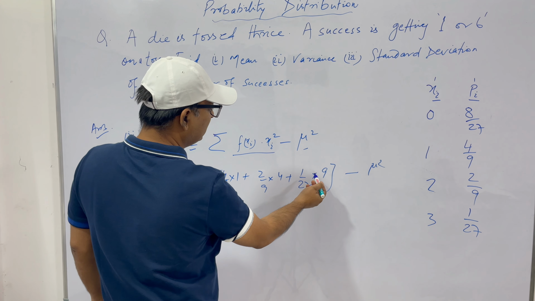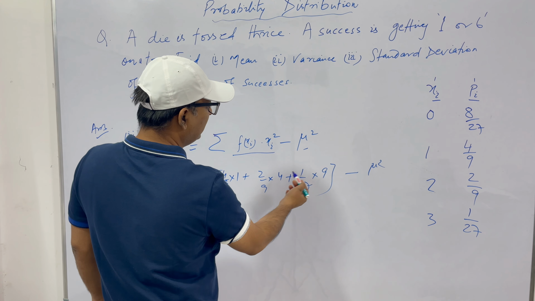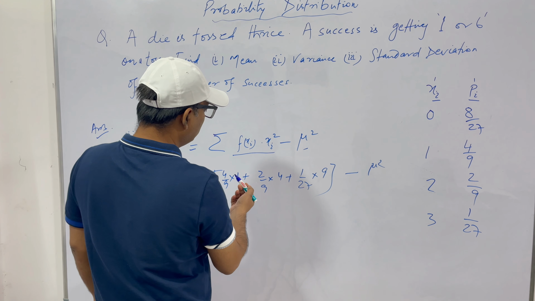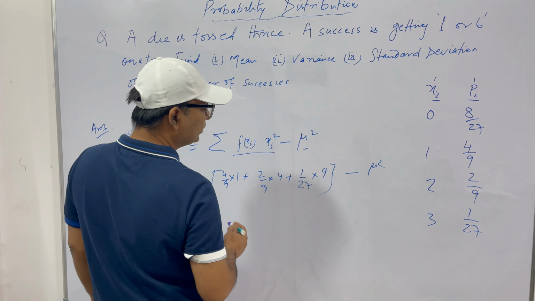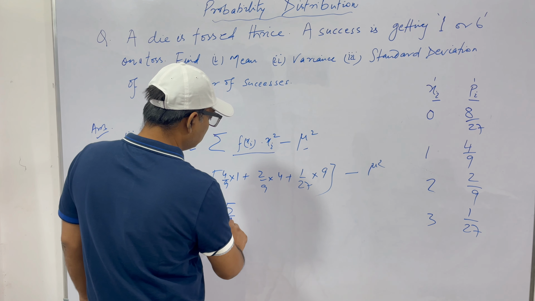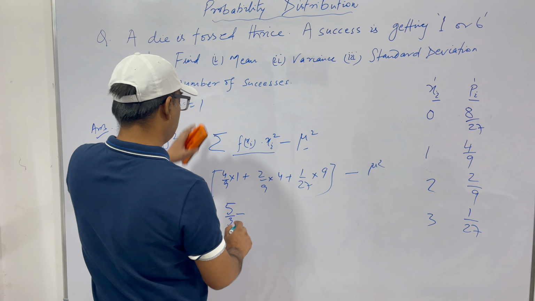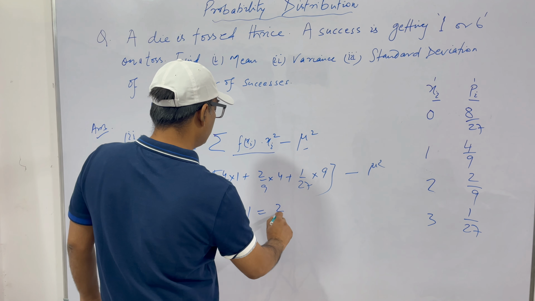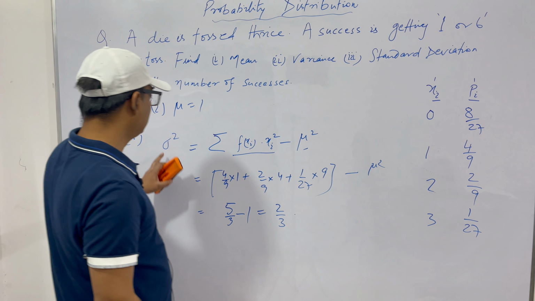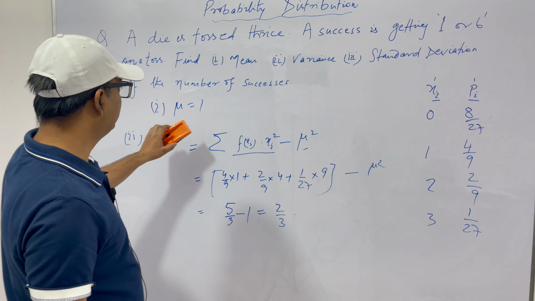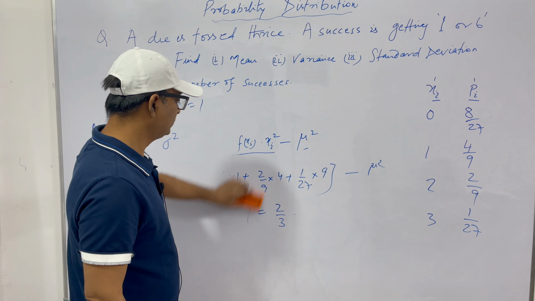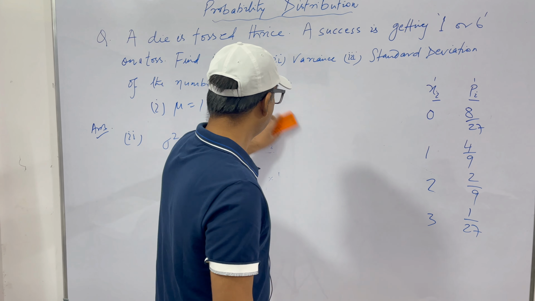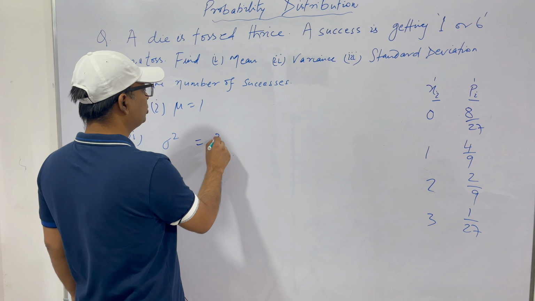So 8 plus 3 is 11, 11 plus 4 is 15 by 9. So that is 5 by 3. So this is 5 by 3 minus mu square, 1 square, 1. So this is equal to 2 by 3. So we have got our variance. Variance is equal to 2 by 3.